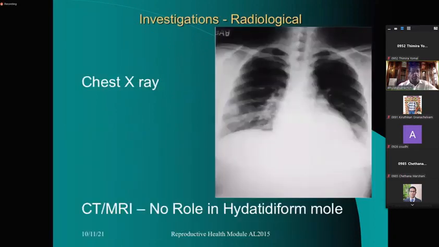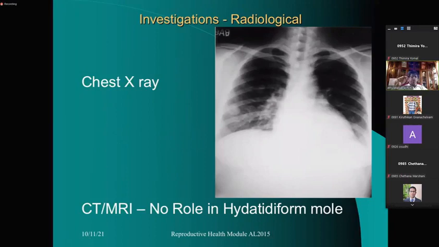And I said the tissue can sometimes embolize, and for you to see that, a chest X-ray might be useful. But beyond that, doing extensive CTs and MRIs just for these cases is generally not recommended.